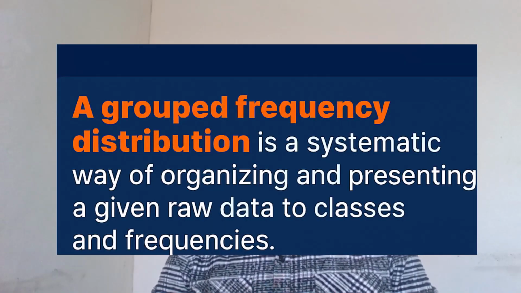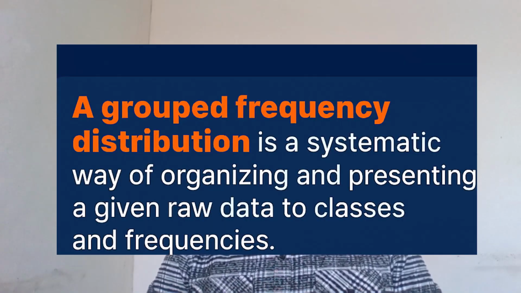Before we dive into the steps, let me remind you what a grouped frequency distribution table actually is. A grouped frequency distribution is a systematic way of organizing and presenting data into classes and frequencies. As we construct the table, we will encounter several important terms that define how data is grouped and interpreted.